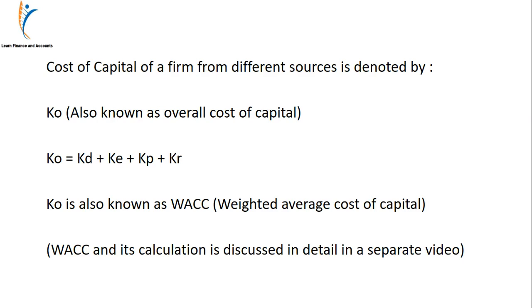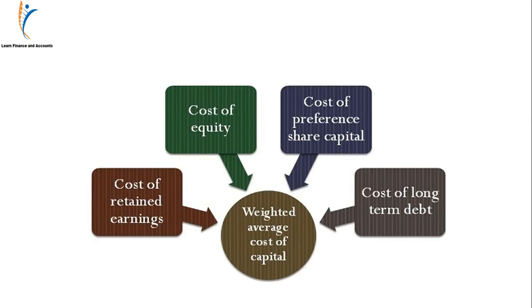KO is also known as weighted average cost of capital, WACC, and its calculation is discussed in detail in a separate video. So, cost of capital is the total cost that the company is giving to the investors for getting capital from them. Weighted average cost of capital is equal to cost of retained earnings plus cost of equity plus cost of preference share capital plus cost of long term debt.